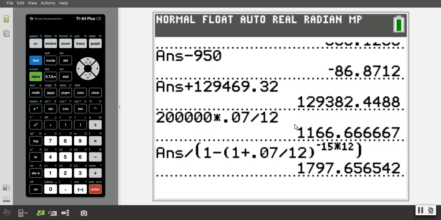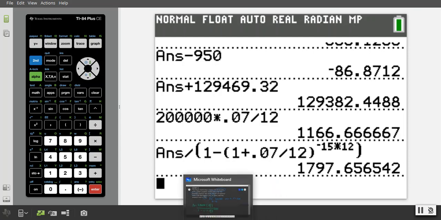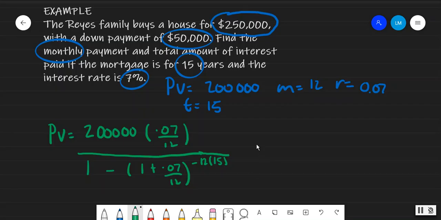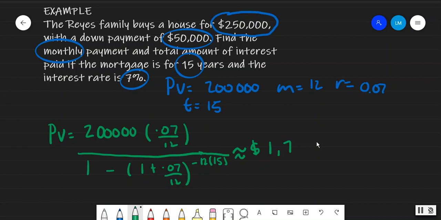The amount that's paid back is 1,797 and 66 cents. This amount is definitely higher, but it can still be thought of as manageable, maybe depending on the household income.